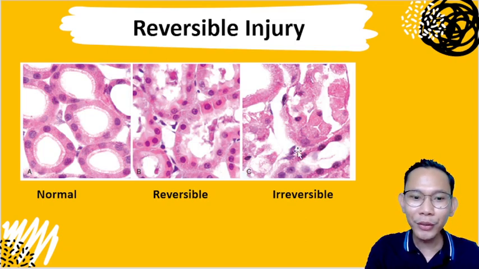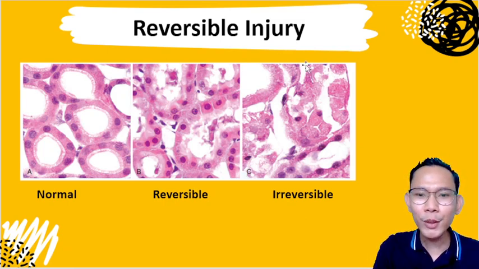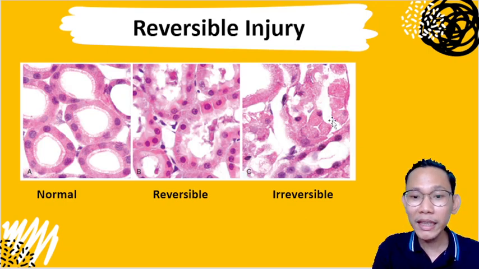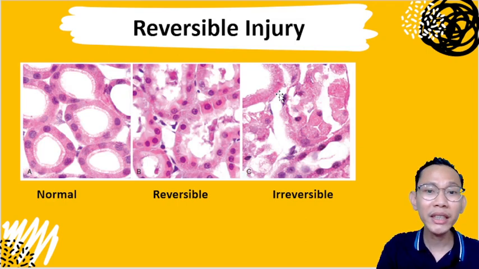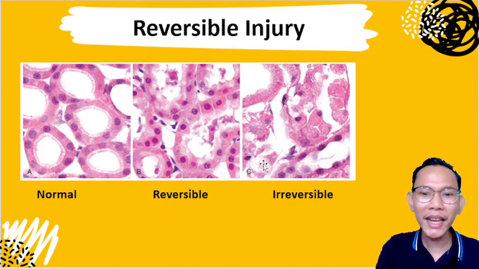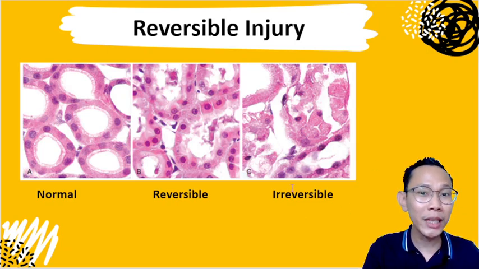Dito, there is already loss of your nucleus. There is already fragmentation of your nucleus. And also, there could be already leakage of your cellular contents. That's a very typical picture of an irreversible injury. Again, later on, we will discuss irreversible injury. Ang irreversible injury kasi pwedeng maging apoptosis or necrosis.